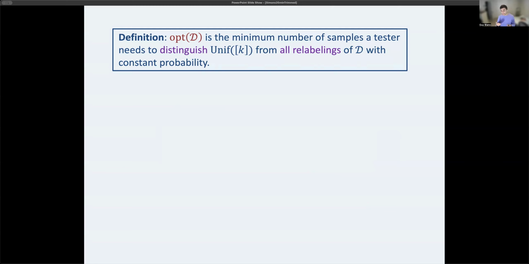And the reason this is justified is, well, one, it's necessary, but two, uniformity is a task in which no element is special. They all have the same meaning. And so it makes sense to think about testers that also don't treat any particular element as special cased, and instead have the same behavior if you rename the elements.